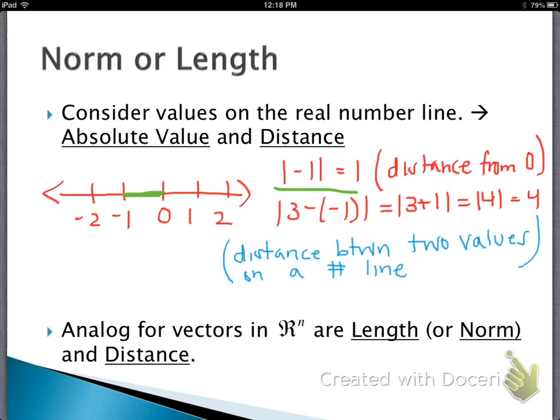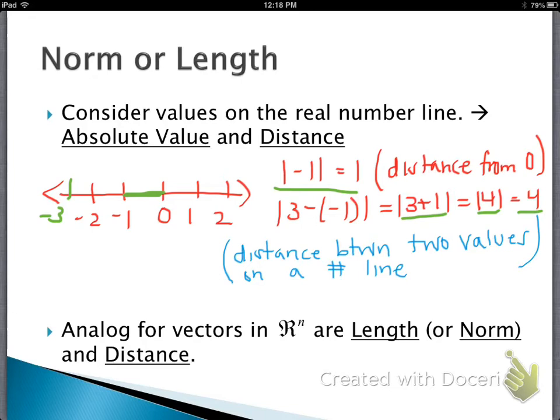If we had, let's say, 3 minus -1, that's the same as 3 plus 1, which is equal to 4. So we're talking about the distance between two values on a number line, right? Wait, I'm sorry, let's go back.